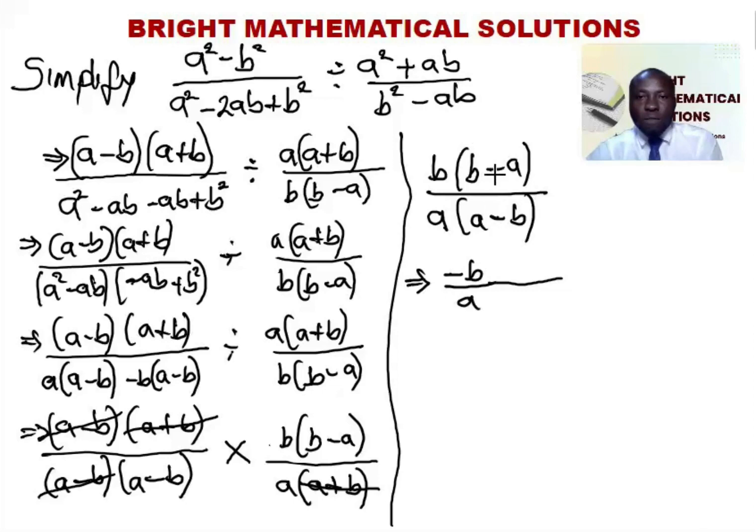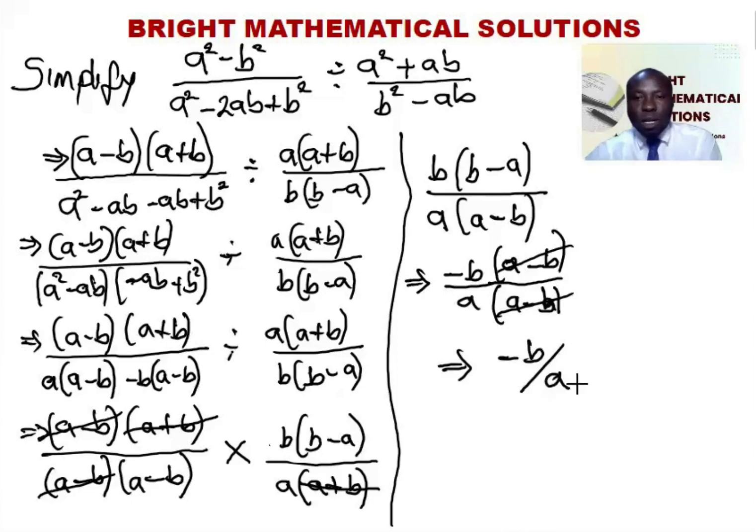Recall, when we factor out negative, we have positive a and minus b, and the denominator also becomes a minus b as it was. So a minus b cancels a minus b. So our final answer is minus b over a.